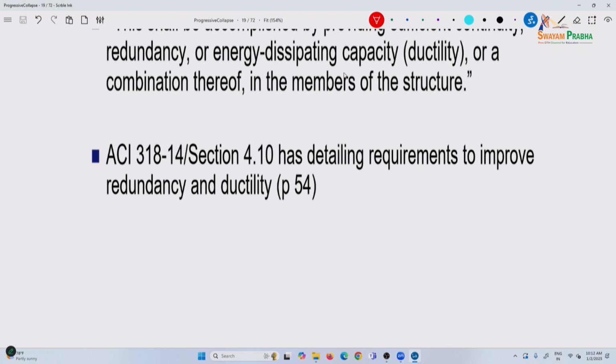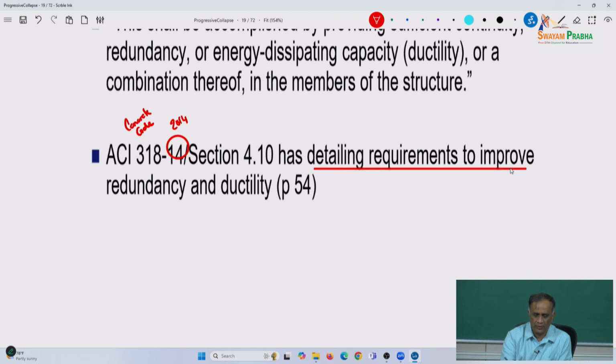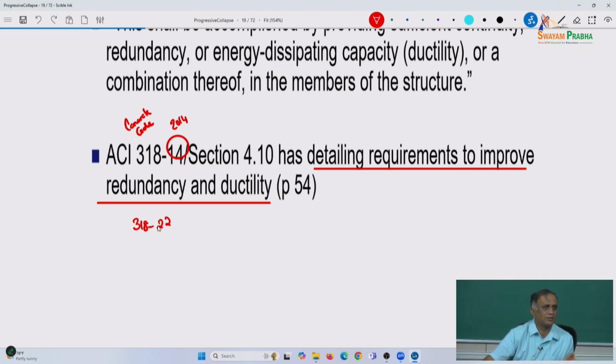Then ASCE, 10 years ago, in 2014, the concrete code. It started with detailing requirements to improve redundancy and ductility, and of course now we have 318-22 which is updated, but just as a historical perspective, 318 in 2014 underwent a major overhaul.